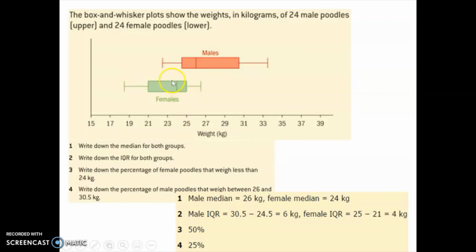So female poodles that weigh less than that, below the median, which is the halfway mark, must be 50% of our data. And finally, male poodles between 26 and 30.5 is right here. That's from Q2 to Q3, so that's 25% of the data.